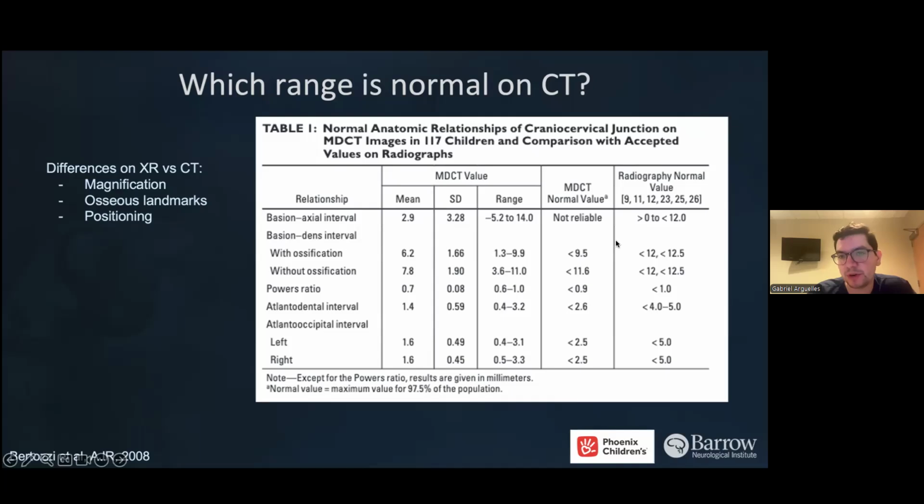And you can see that it's actually pretty different here. On the right-hand column are the ranges on X-ray, and here are the ranges on CT that they considered normal. So it's often quite a bit less in some cases.